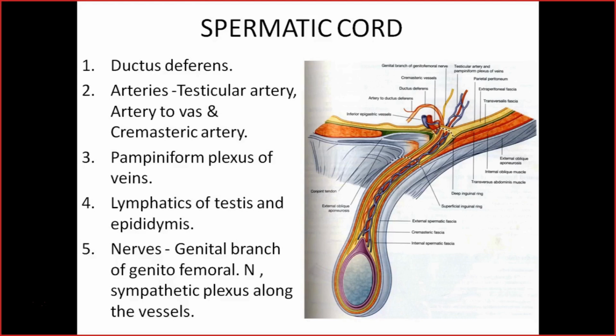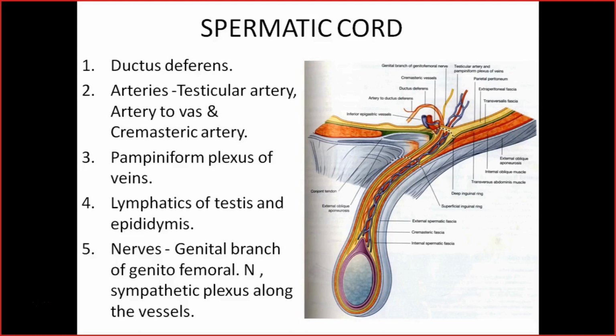And then we will be having lymphatics which drain the testis and epididymis. And nerves such as the genital branch of the genitofemoral nerve and sympathetic plexus along the vessels. Okay, you can remember this easily. One thing is the tube, that is ductus deferens. Okay, then we have 3 arteries, 1 vein and 1 lymphatics, and again 2 nerves.